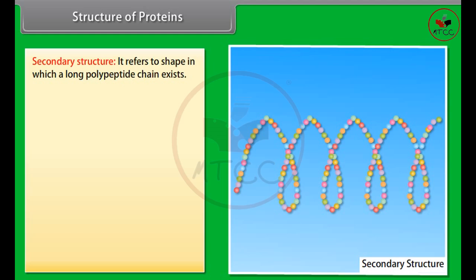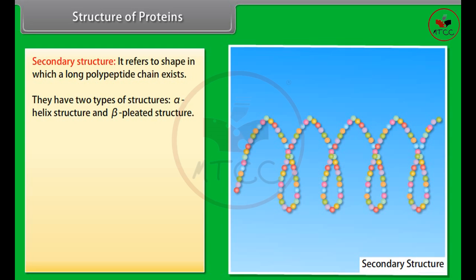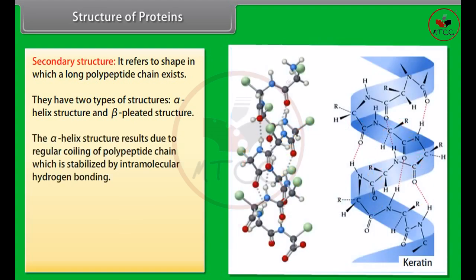Secondary structure. It refers to shape in which a long polypeptide chain exists. They have 2 types of structures: alpha helix structure and beta pleated structure. The alpha helix structure results due to regular coiling of polypeptide chain, which is stabilized by intramolecular hydrogen bonding.